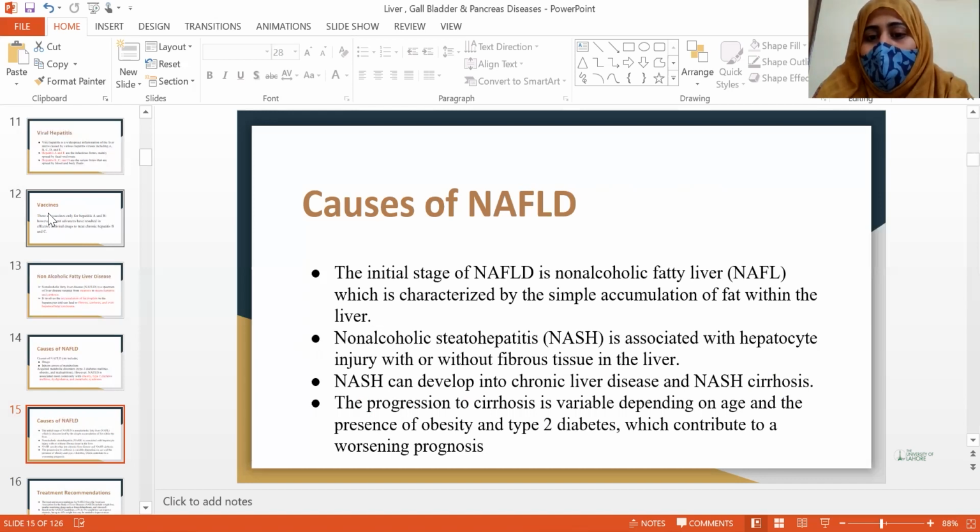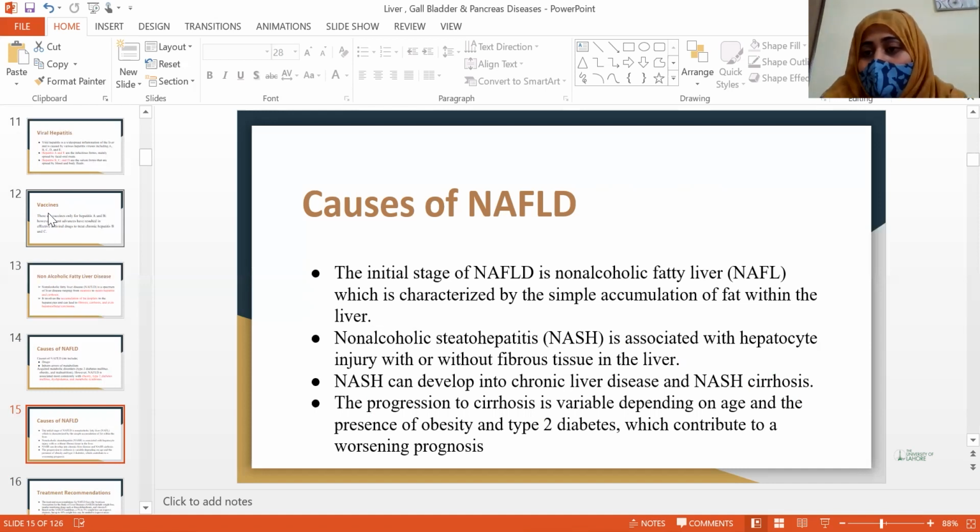Non-alcoholic steatohepatitis (NASH) is associated with hepatocyte injury with or without fibrous tissue in the liver. Steatohepatitis is a type of fatty liver disease characterized by inflammation of the liver. Non-alcoholic steatohepatitis can develop into chronic liver disease and cirrhosis.